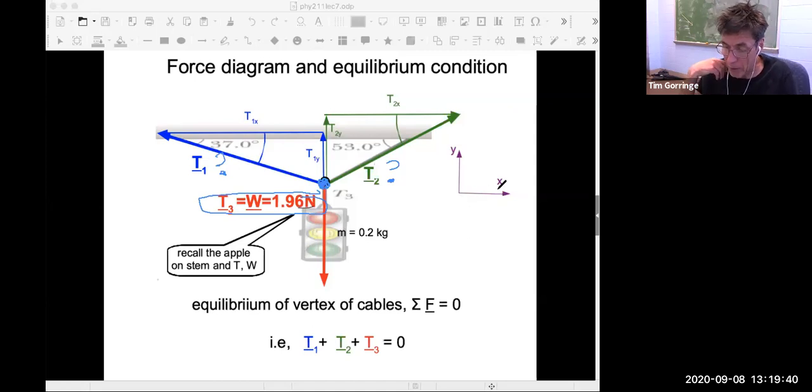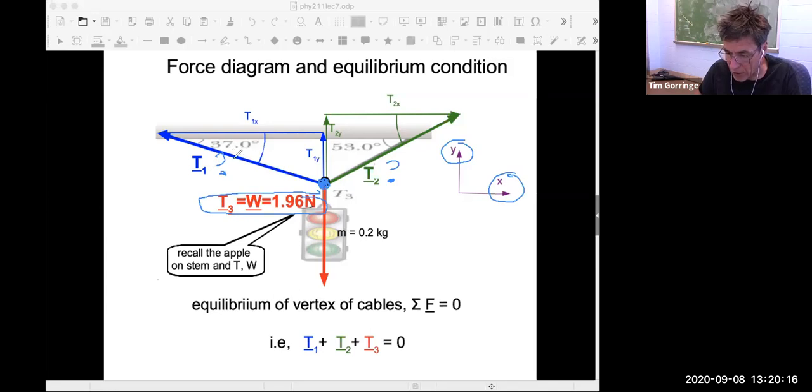And so again, I went about the same sort of procedure as I did for the block on the incline. I'm going to resolve these forces into two components. And the useful components here are horizontal and vertical. So I call the horizontal direction towards the right the positive X direction. The vertical direction upwards, I call that the positive Y direction. And I'm going to resolve these three tensions into those components. Now, the tension T3 is just vertically downwards, so that one's easy.